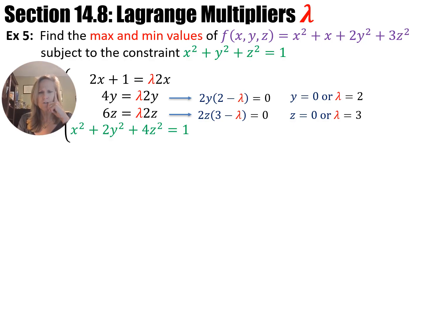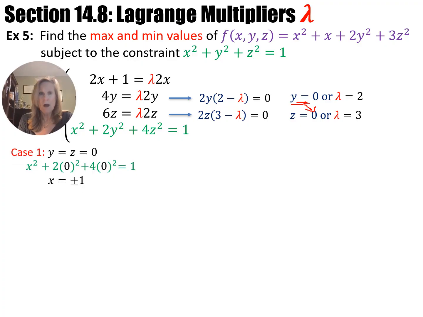Now notice first, take the easy case first. In the case when y is equal to 0, it could also be true that z is equal to 0. Lambda is not involved. Let's just go right here and see what x is when y and z are 0. Right?